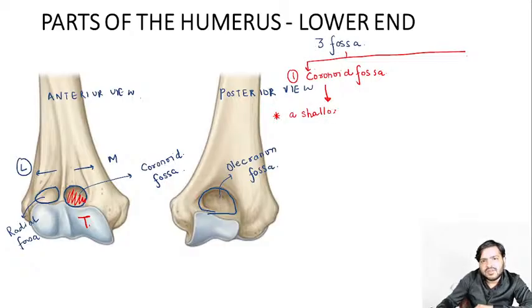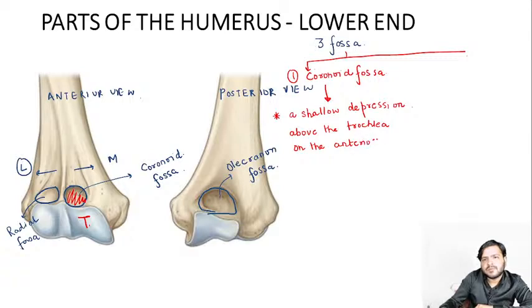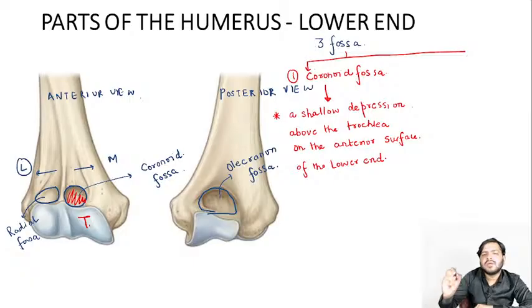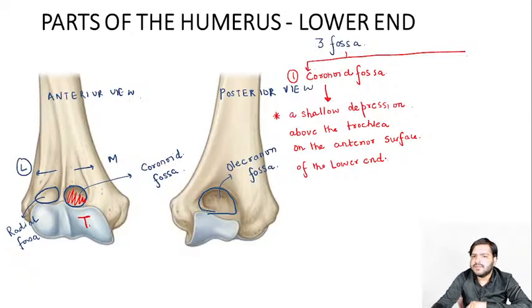It is a shallow depression above the trochlea on the anterior surface of the lower end.